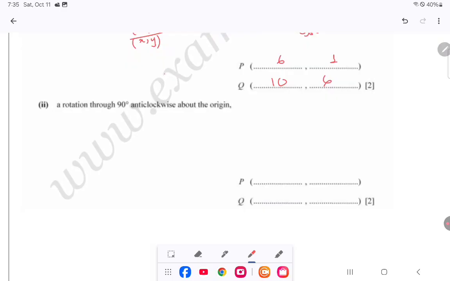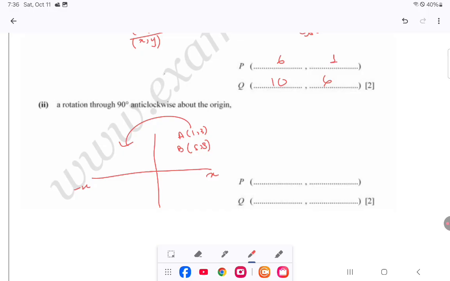Now a rotation through 90 degrees anticlockwise about the origin. Let's say our first values are all positive. For A and B, A (1, 3) and B (5, 8), shift in the anticlockwise direction. What happens in the second quadrant is x becomes negative, all the y values shift to the x-axis, and all the x values shift to the y-axis.